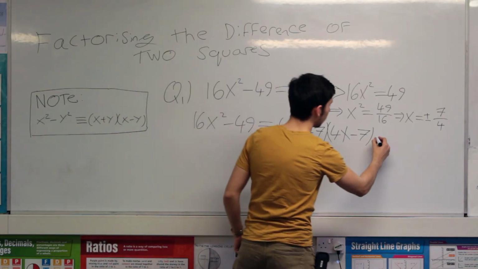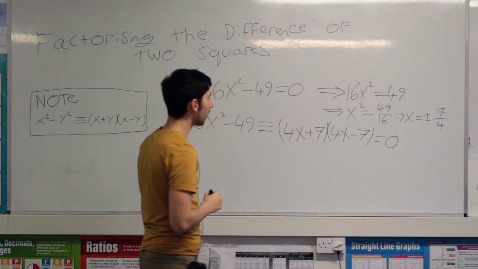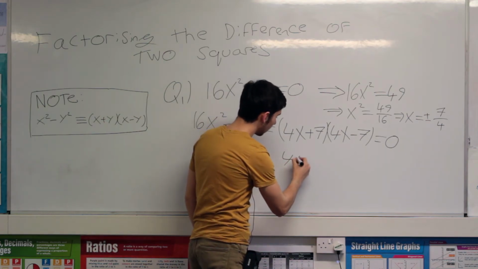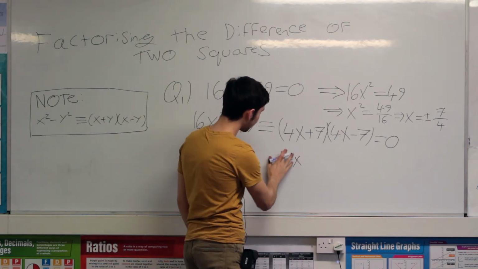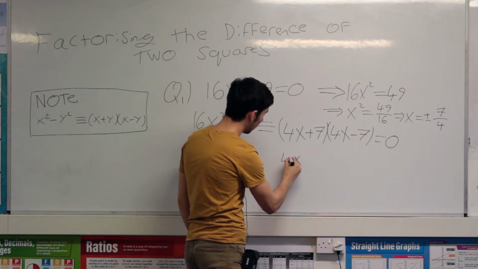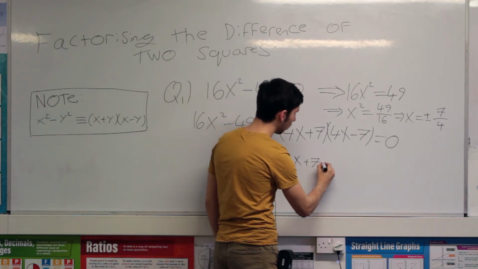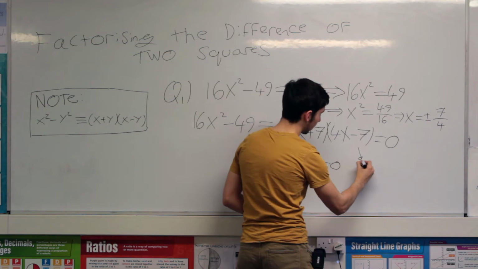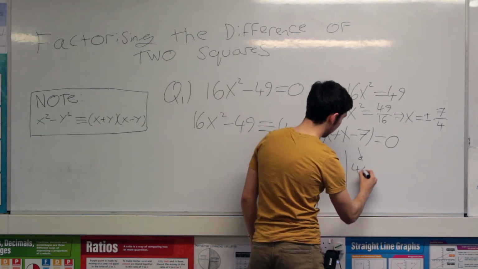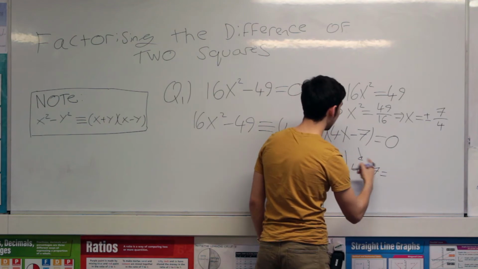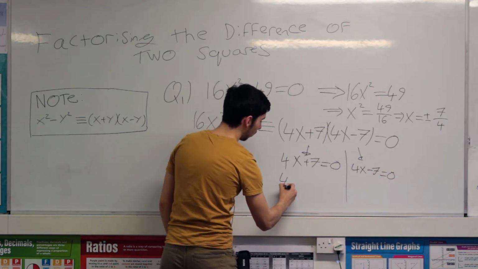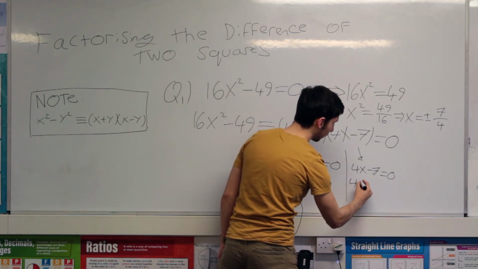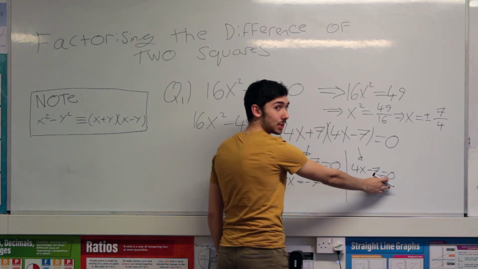If we set this equal to 0, we're kind of being chilling right now, because you'll notice that if we say 4x plus 7, using our normal methods here, is equal to 0, I'm going to do an arrow just to show where this is coming from, and 4x minus 7 is equal to 0, we end up with 4x is equal to minus 7, because we're taking 7 from both sides, and we end up with 4x is equal to 7, because we're adding 7 to both sides.